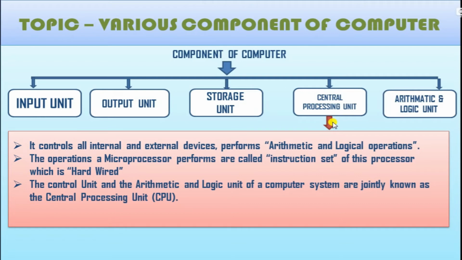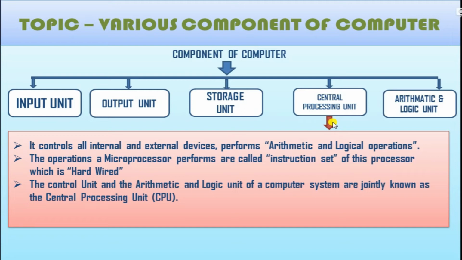It controls all internal and external devices and performs arithmetic and logical operations. The operations a microprocessor performs are called the instruction set of this processor, which is hardwired. We all know about the instruction set because we went through our microprocessor subject, microprocessor 8085. So I wish you all know about this.